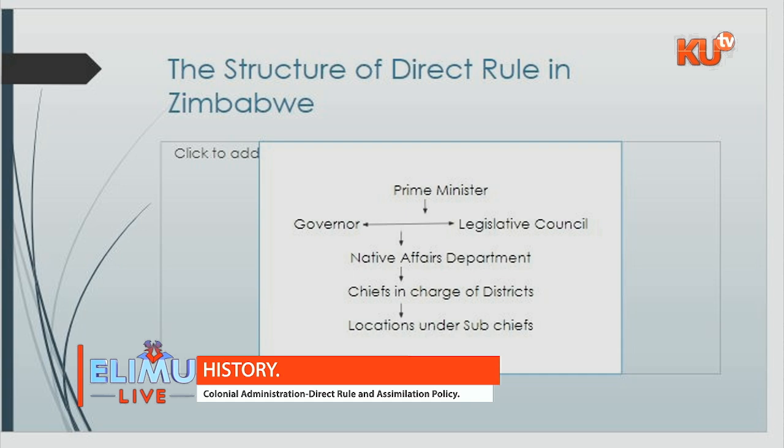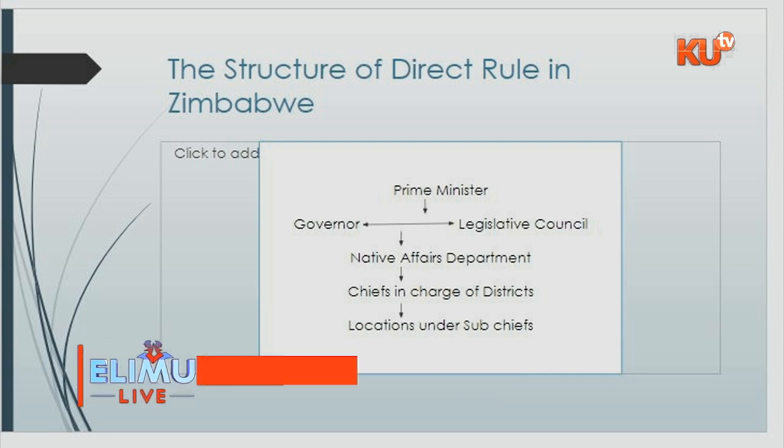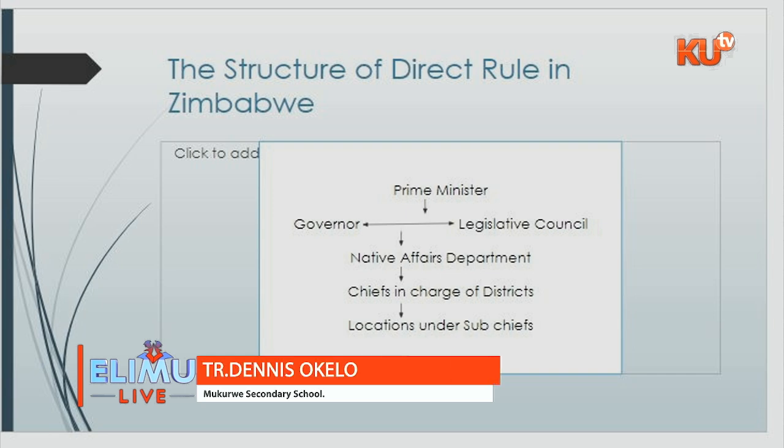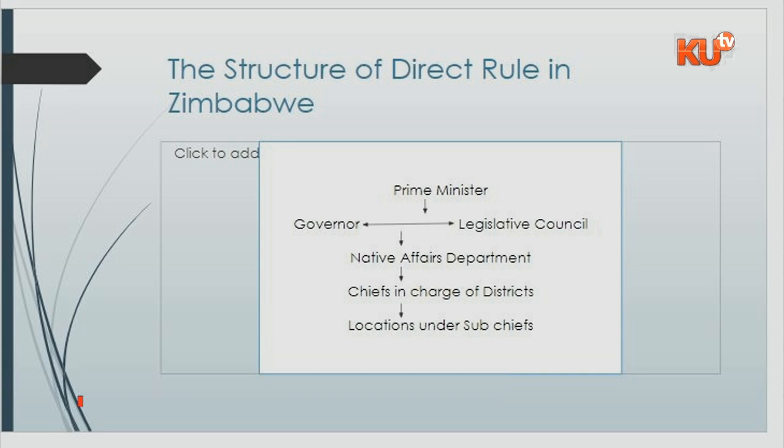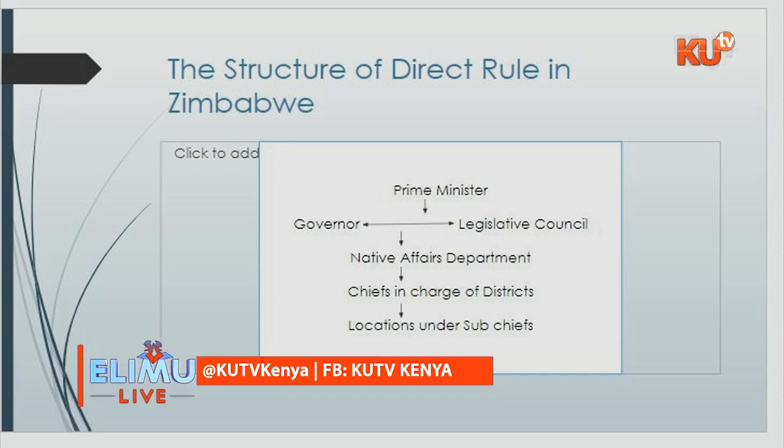Then the chiefs in charge of the districts were still white men. Then the locations under the sub-chiefs. Here, the sub-chiefs were the Africans, but they were still a minority. With this, it meant that the people of Zimbabwe, or by then Southern Rhodesia, were very, very oppressed.